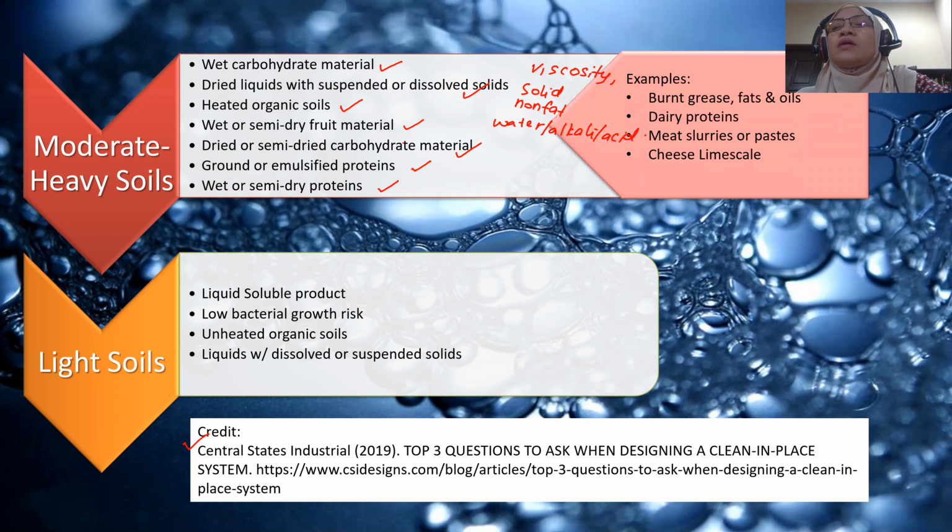Examples of moderate to heavy soils are burnt grease, fats and oils, dairy proteins, meat slurries or paste, and cheese lime scale.